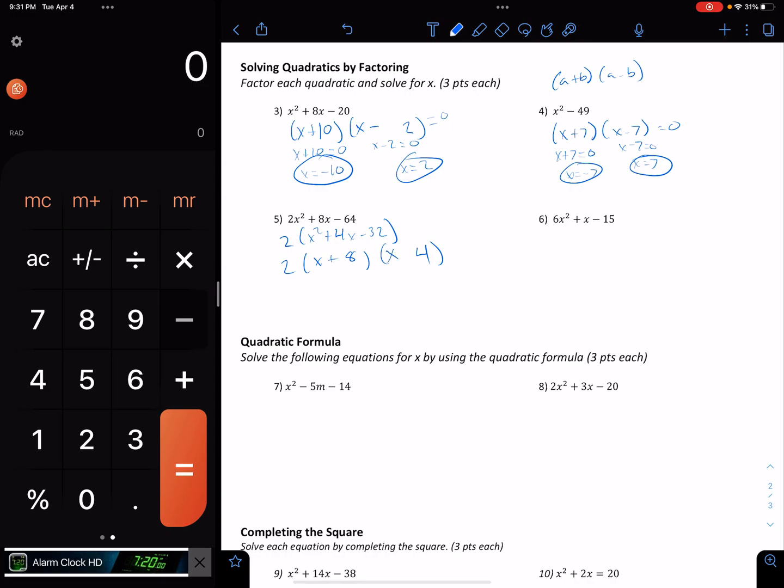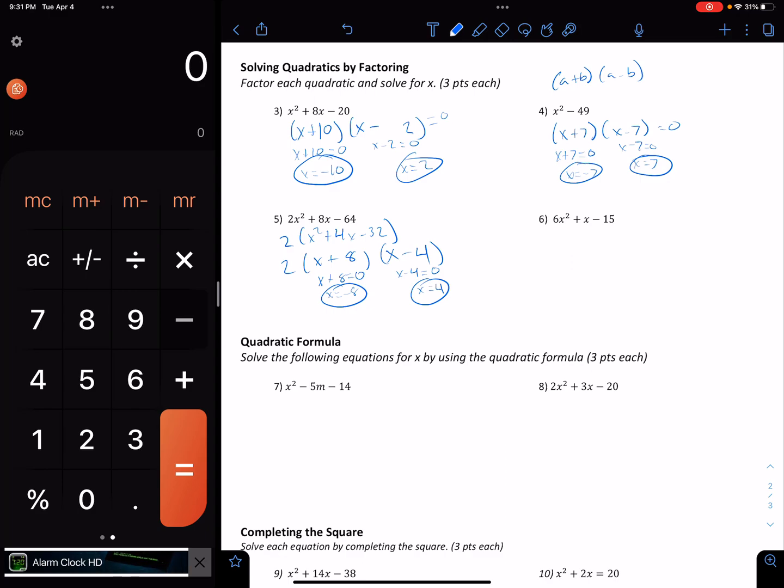So this one has to be positive, and that one has to be negative, because 8 minus 4 is 4. 8 times negative 4 is negative 32. So set these both equal to 0. So x equals negative 8. X equals 4.